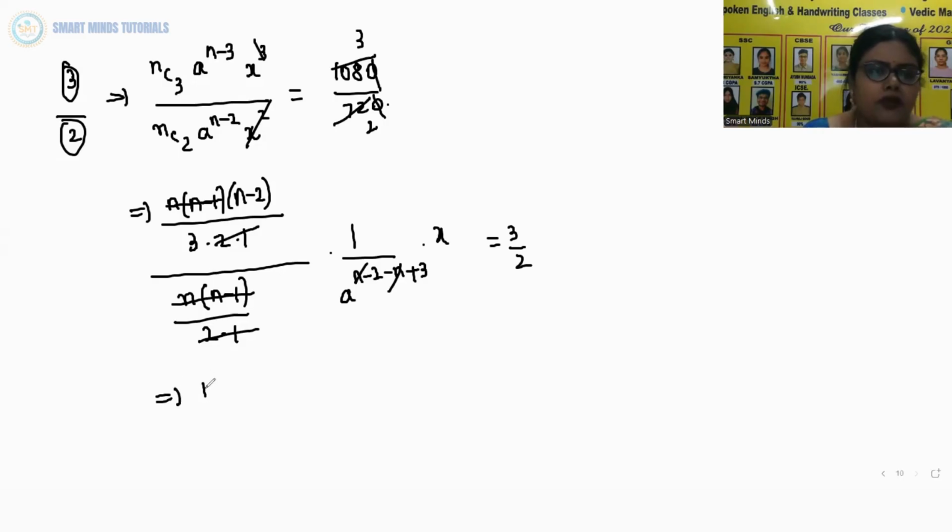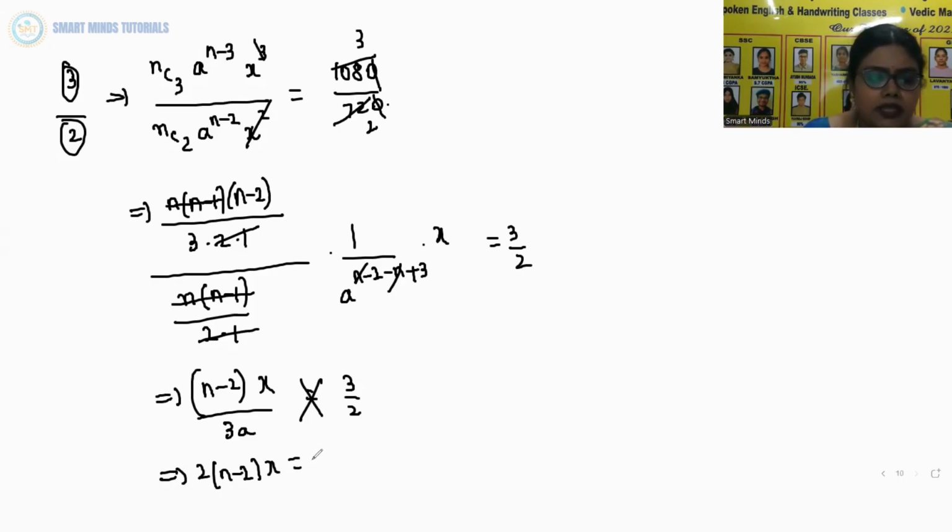So we are left with (n-2)x by 3a equals 3 by 2. If you cross multiply, we will get 2(n-2)x = 9a. This is equation number 5.